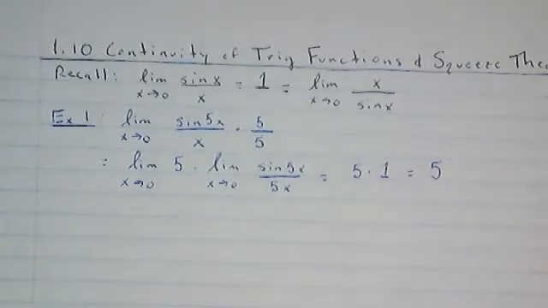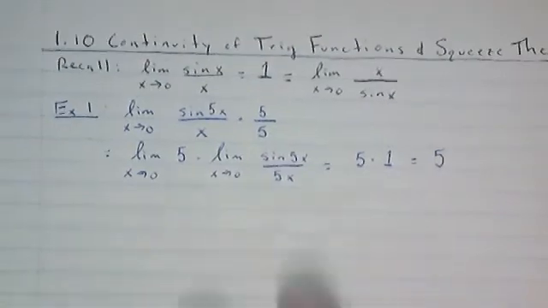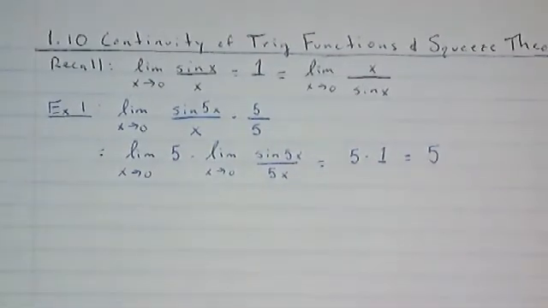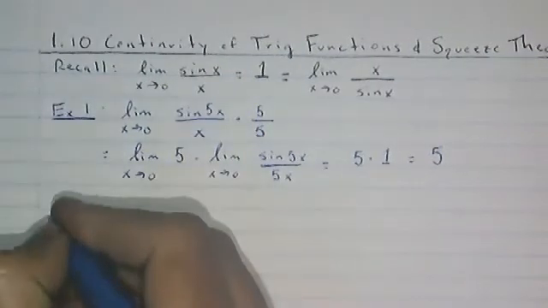So let's see if we can add some spice to these types of problems. And the answer is yes, of course we can add some spice. There's always spice. So for example, we'll call this example 2.